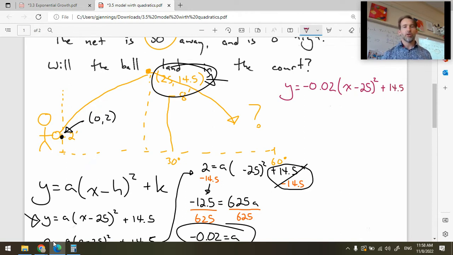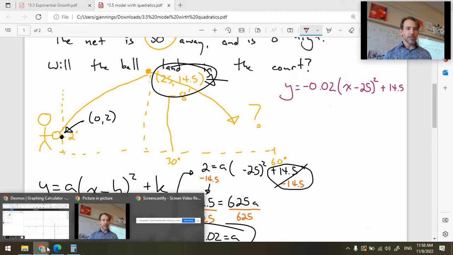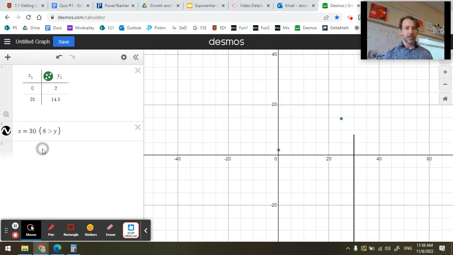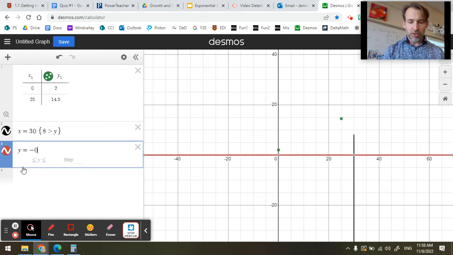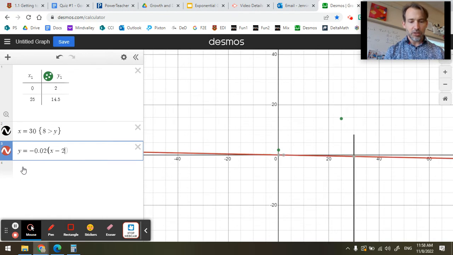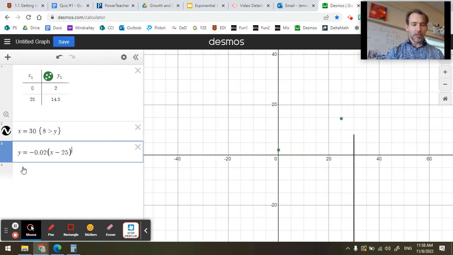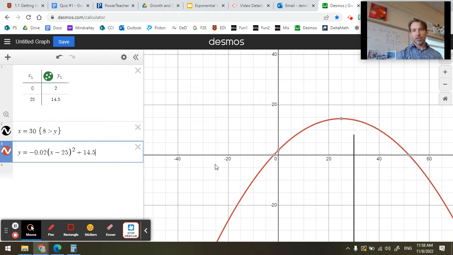That's the equation of this quadratic. Let's throw that into Desmos and do some analyzing of it.